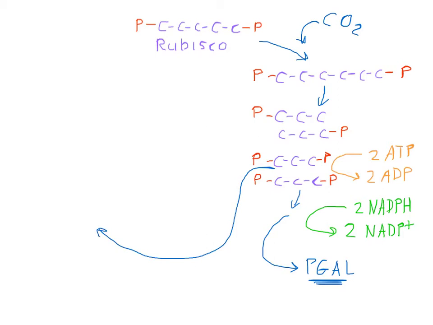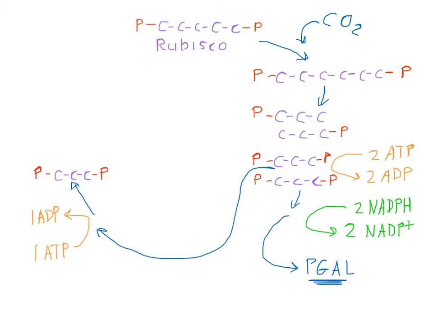This time we add 1 molecule of ATP to the Calvin cycle, resulting in 1 molecule of ADP. The result is here, but I can't really show you the difference in this little video.